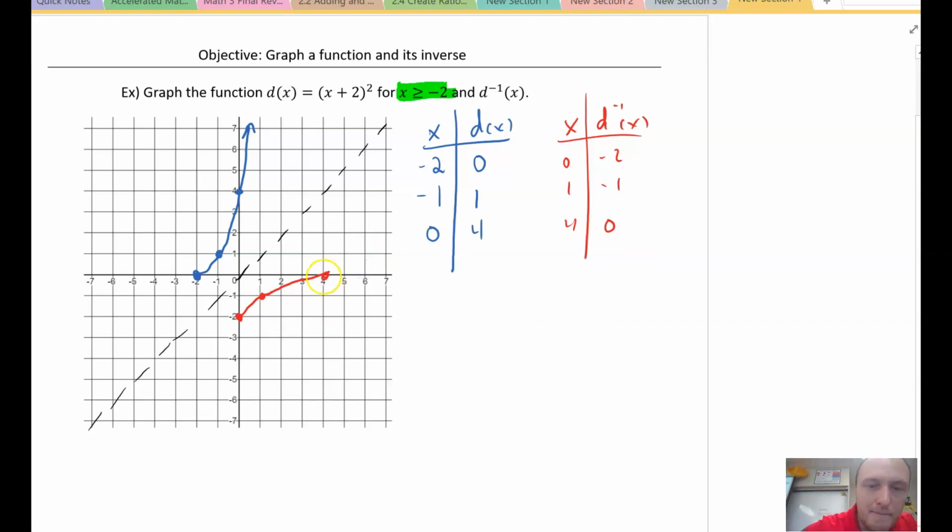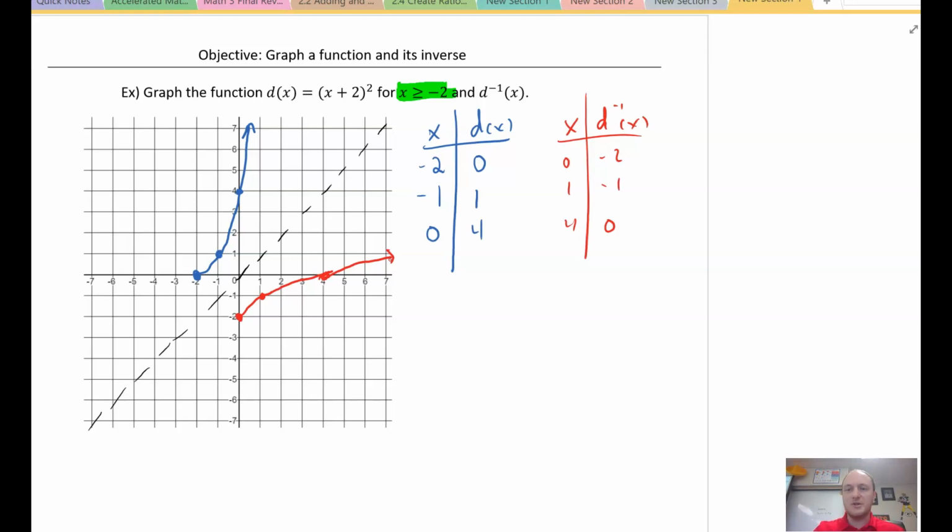Okay, all right. So notice they don't intersect each other. So what would that mean? Well, it means there's no solution. If we were asking where does the function and the inverse equal each other, they don't intersect, and that is possible.